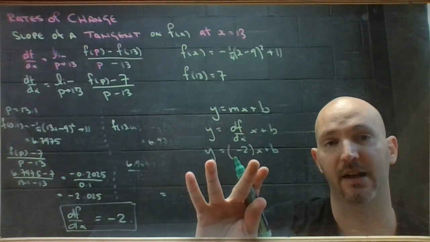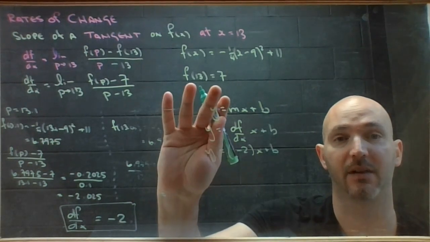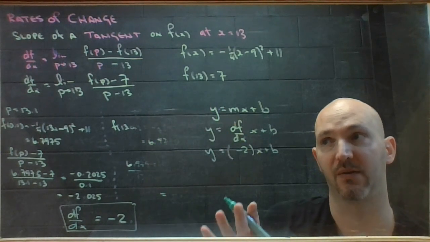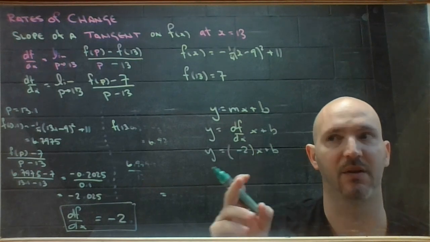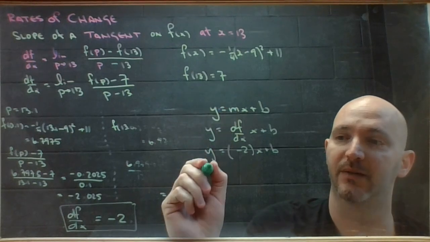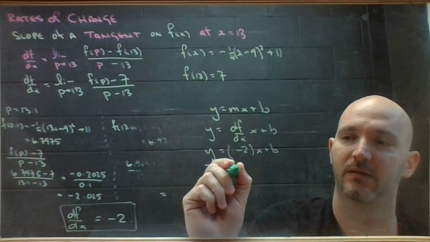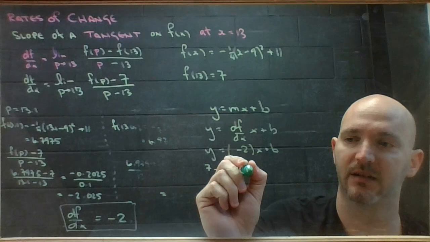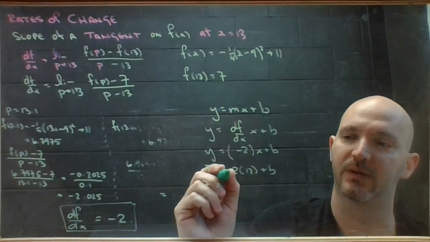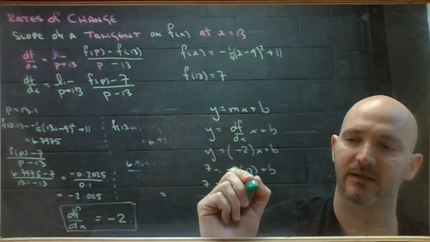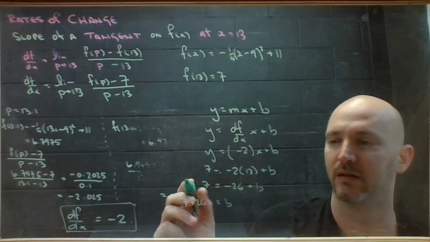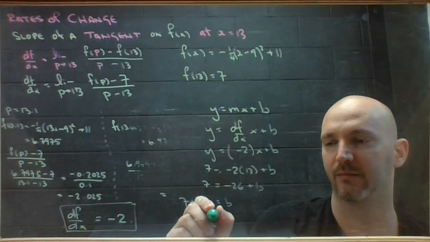Now I just need an x and a y pair, and I have them sitting right here. Unlike the secant, you don't have 2 points to choose from because the tangent only touches in one spot, so you're forced to use this pair. So my y value is 7, my x value is 13, -2 times 13 is -26, kick that over, that's 33.